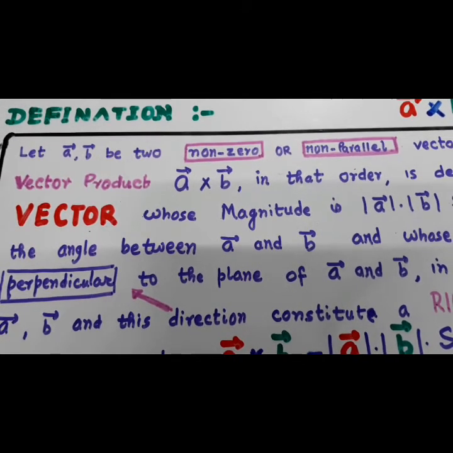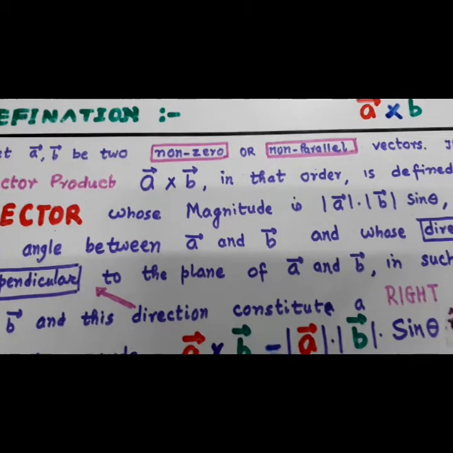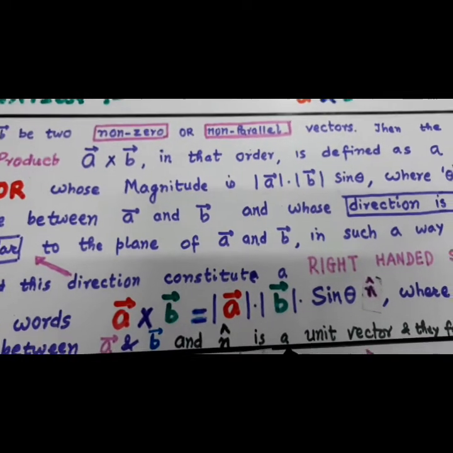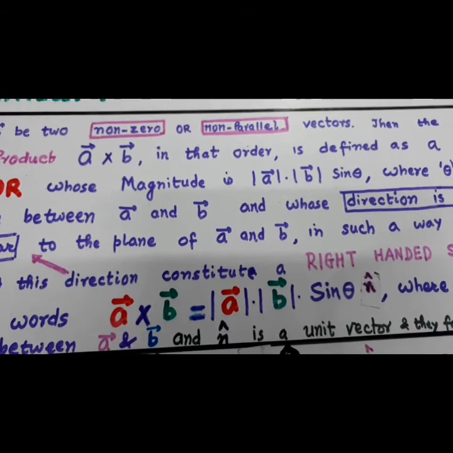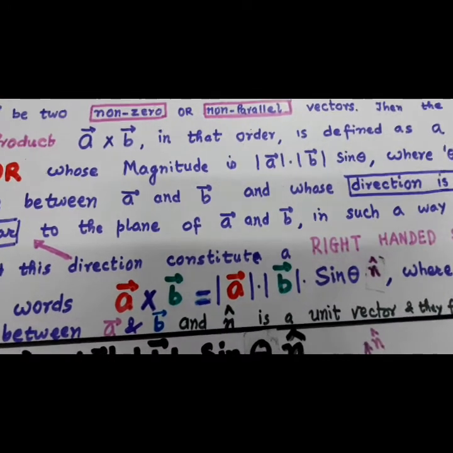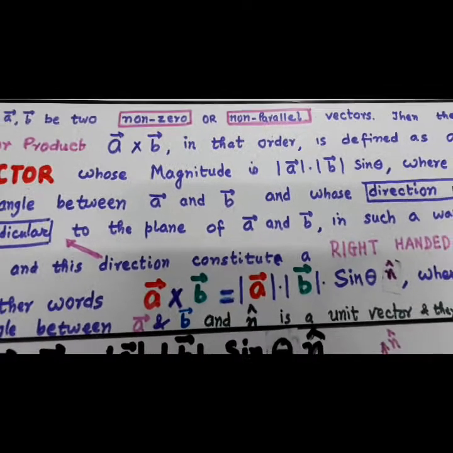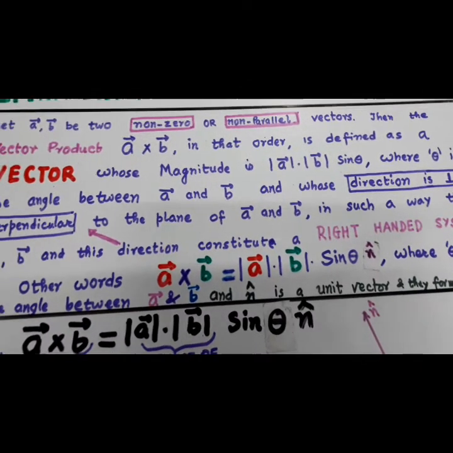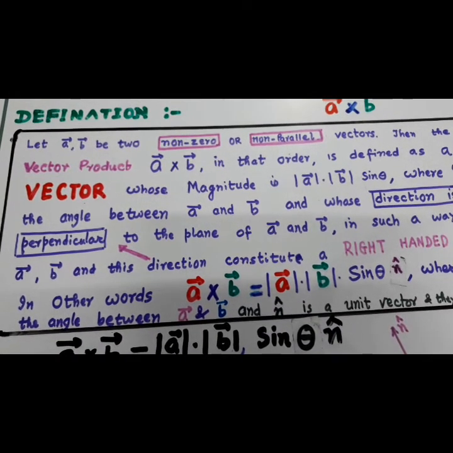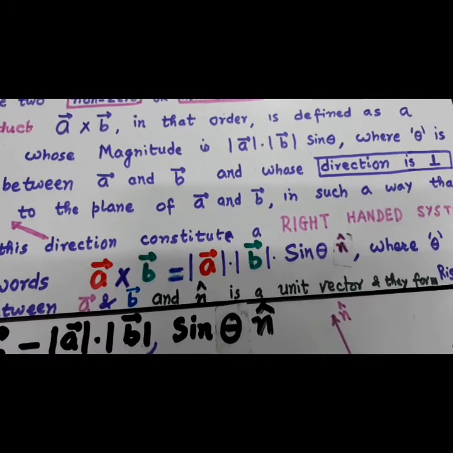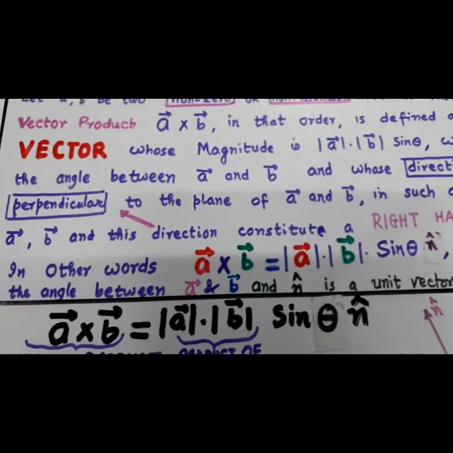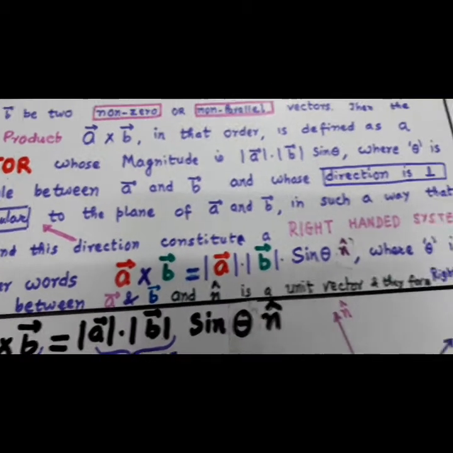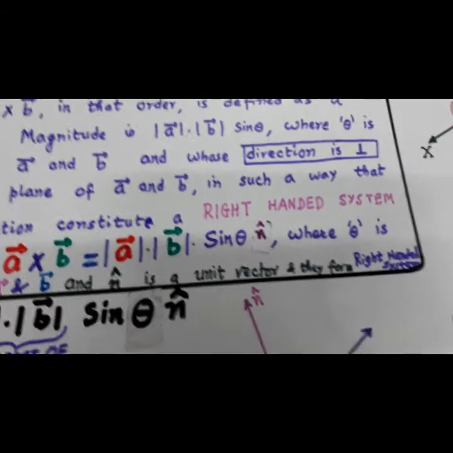Vector product A cross B, in that order, is defined as a vector whose magnitude is AB sin theta, where theta is the angle between A and B, and whose direction is perpendicular to the plane of A and B in such a way that A and B and this direction constitute a right-handed system.